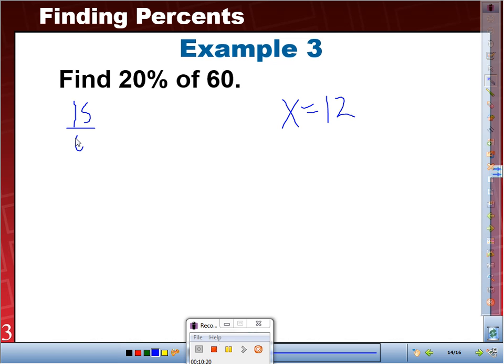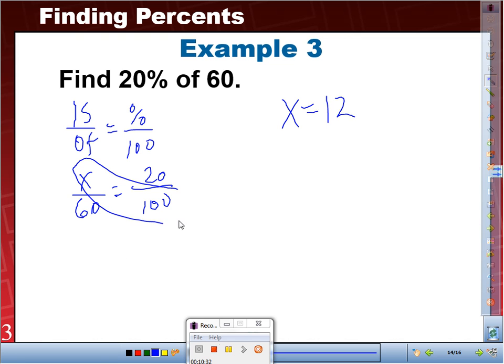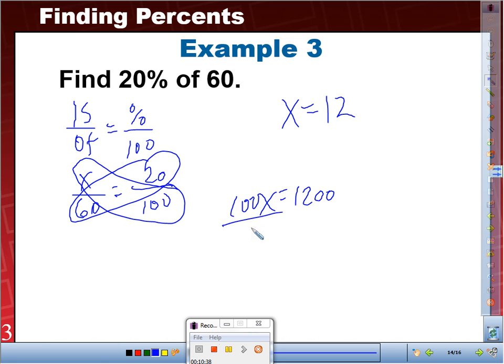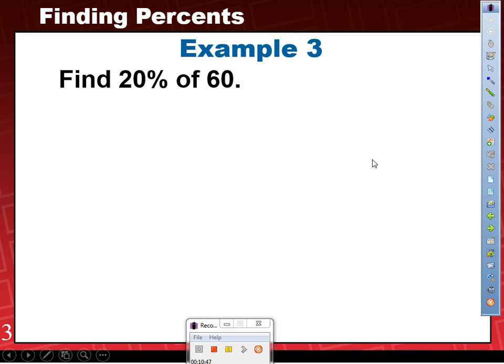Is over of equals percent over 100. 20 over 100, and this is x over 60. Cross multiply, this is 100x. This is 1200. Divide by 100, divide by 100. X equals 12.